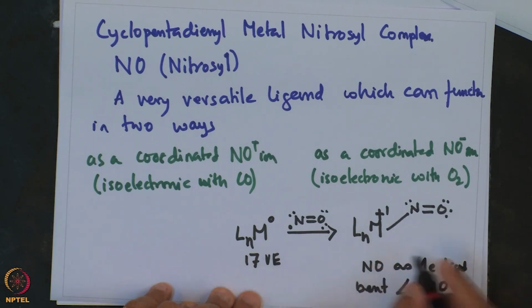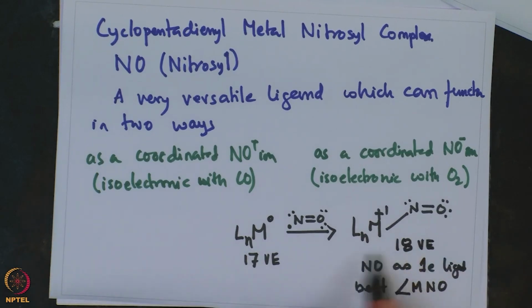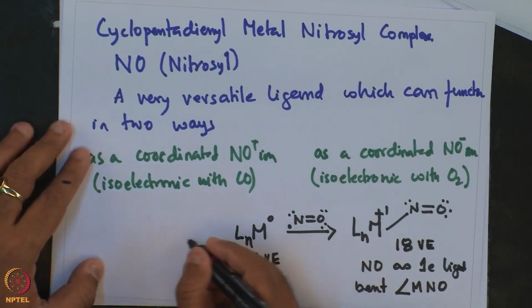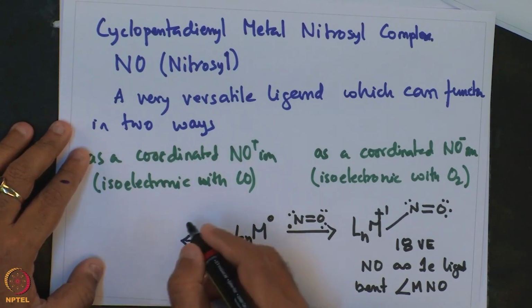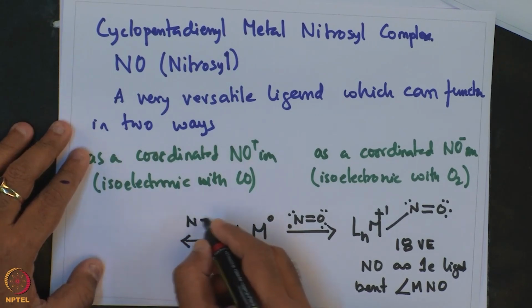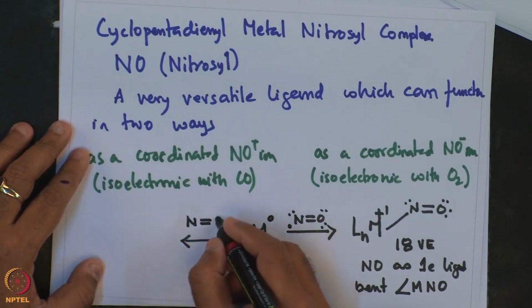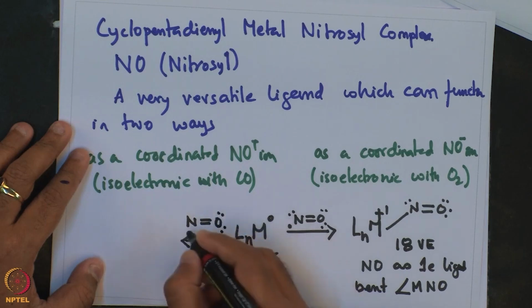So, the metal complex over here has become 18 valence electron by virtue of getting this one electron from the NO. Similarly, NO can also bind as a 3 electron donor.